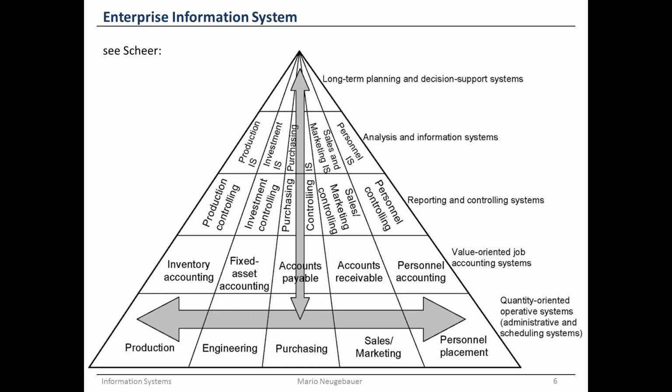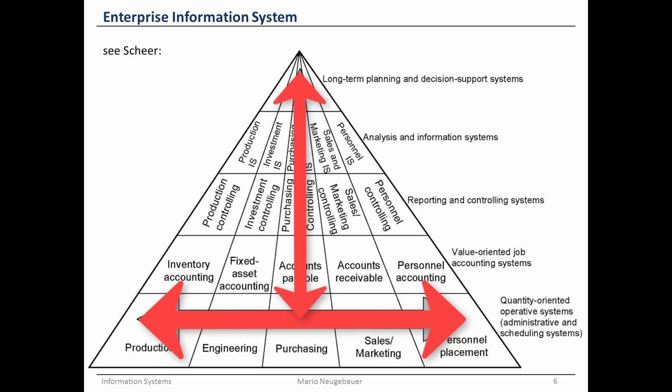Depending on the business, different modules might be more or less important. And you see there's cooperation between the modules, horizontally on certain layers, and also vertically, because information is flowing up and down to inform the management and to do some controlling from up to down of the value creation processes.